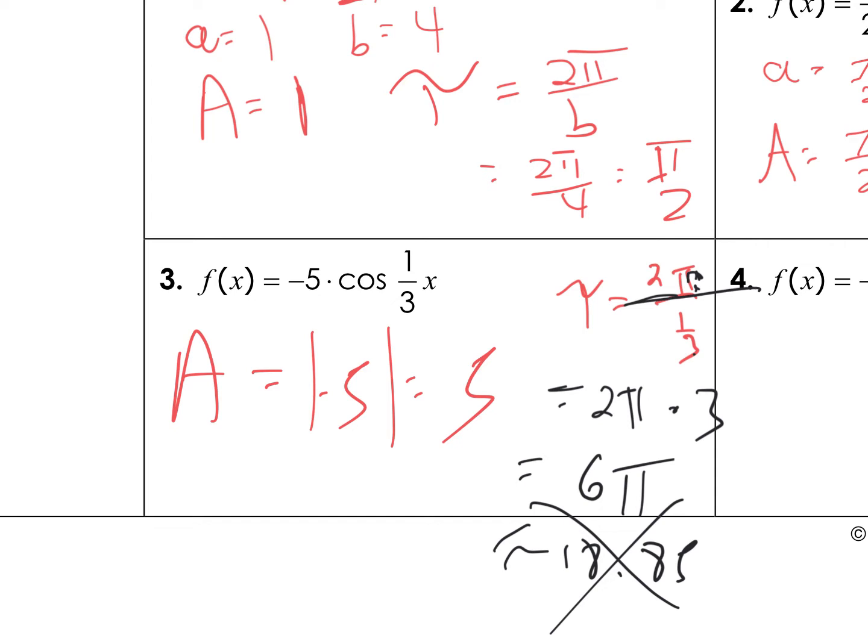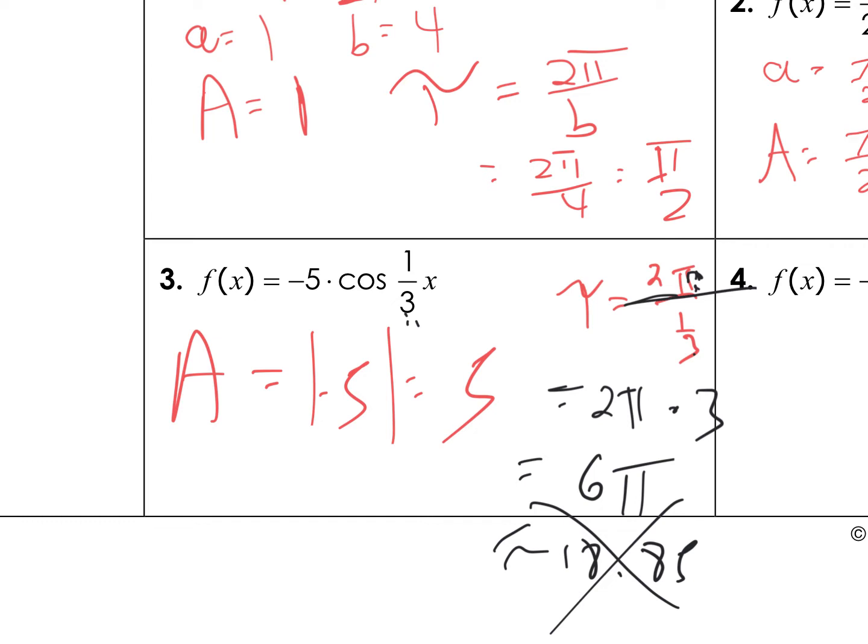So if we go to our calculator and graph this, we're going to see that since 1/3 is in front, you know what this means in English? Only 1/3 of the picture can be drawn before you get to 2 pi. That means I need 6 pi long to get the whole picture.